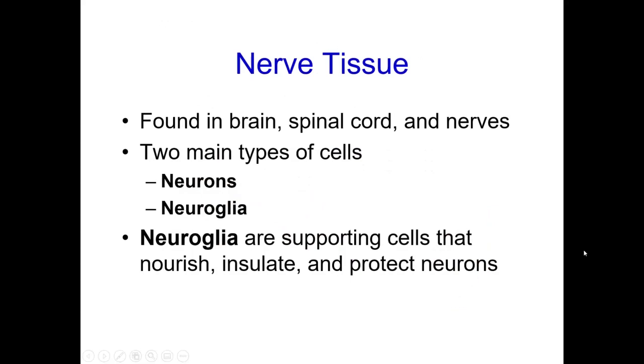And the last type is nervous tissue. It deals in internal communication. It is found in the brain, spinal cord, nerves, and ganglia. There are two main types of cells, neurons and neuroglia. Neurons are the main cells. Neuroglia are the supporting cells that nourish, insulate, and protect the neurons.